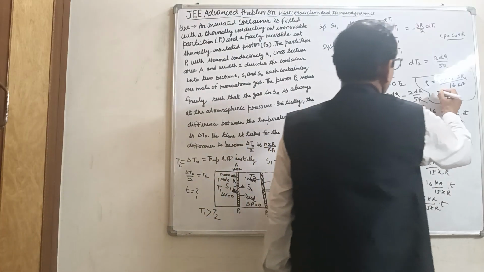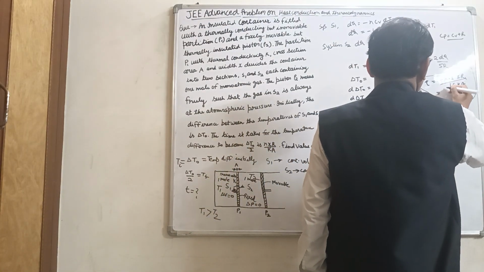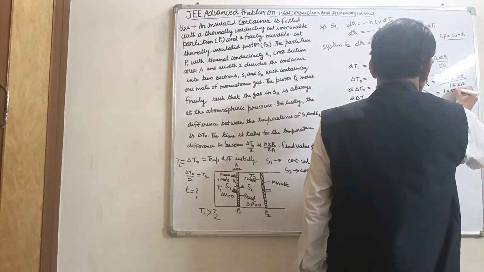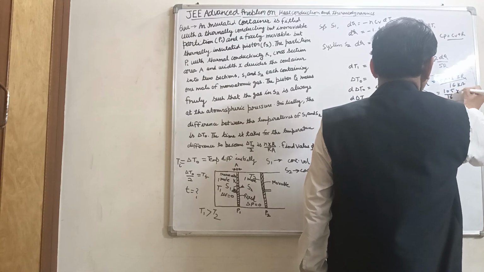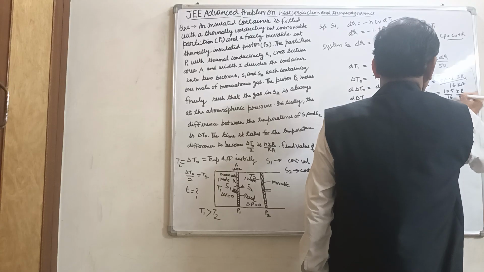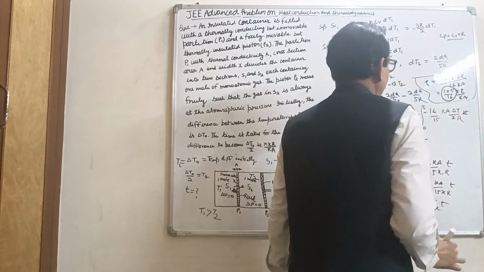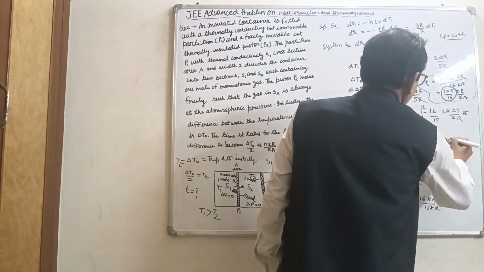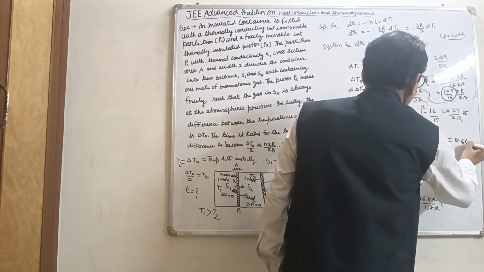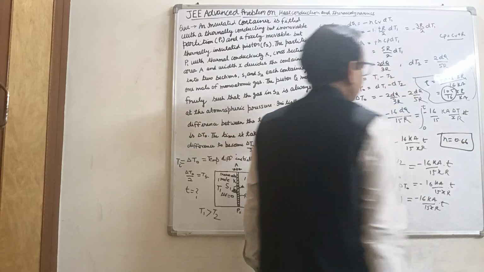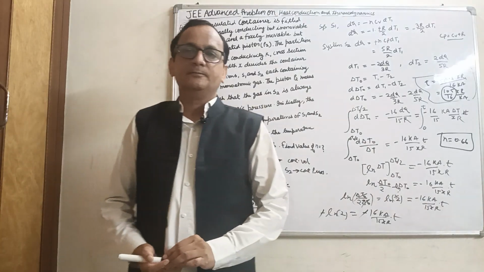This term would be 10.5 upon 16, x r upon K A. So 10.5 upon 16 is the value of n, which becomes 0.66.